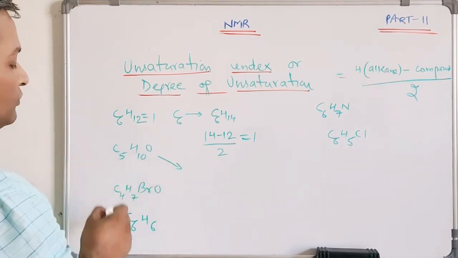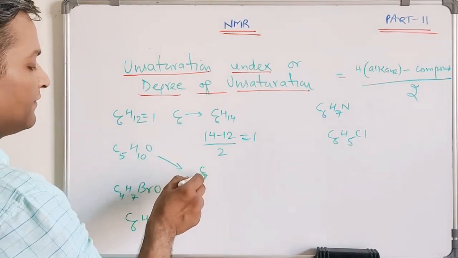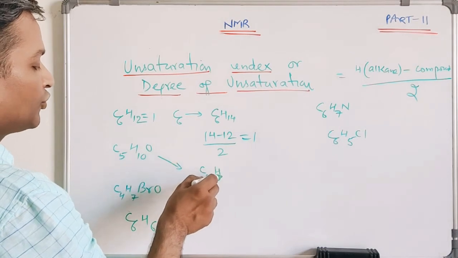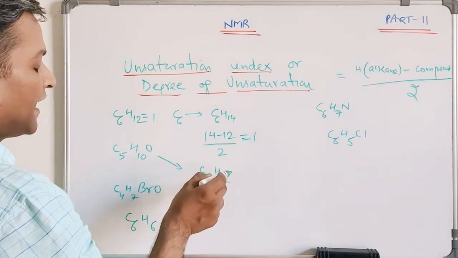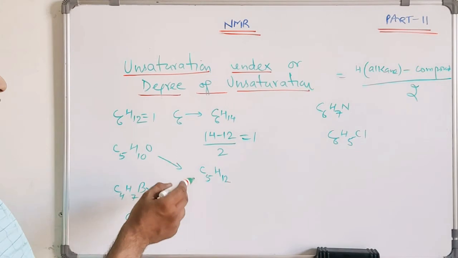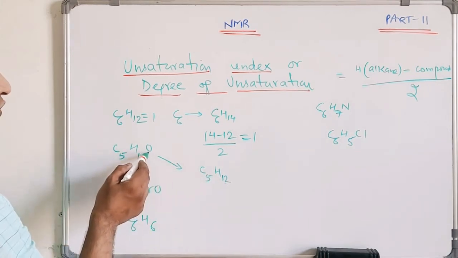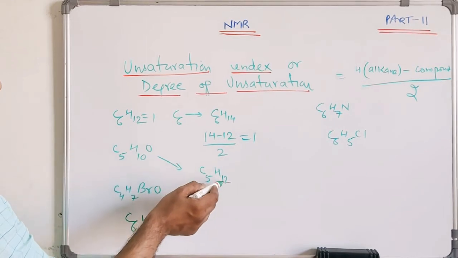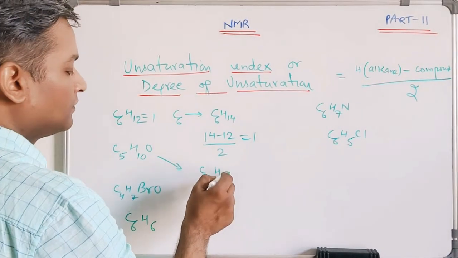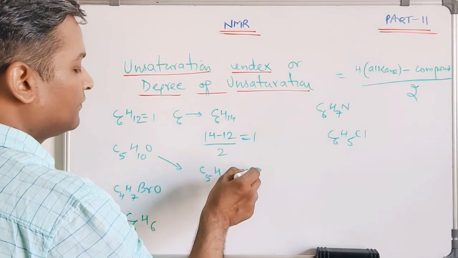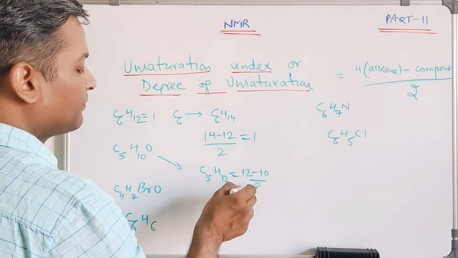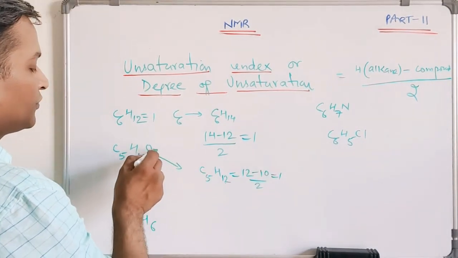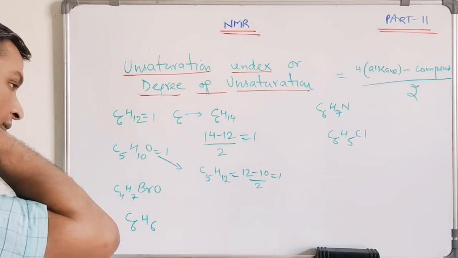For this compound, C5, the corresponding alkane should be C5H12. There is oxygen, which does not cause any effect on the protons. So 12 minus 10 divided by 2 is equal to 1. So the unsaturation index of this compound is equal to 1.